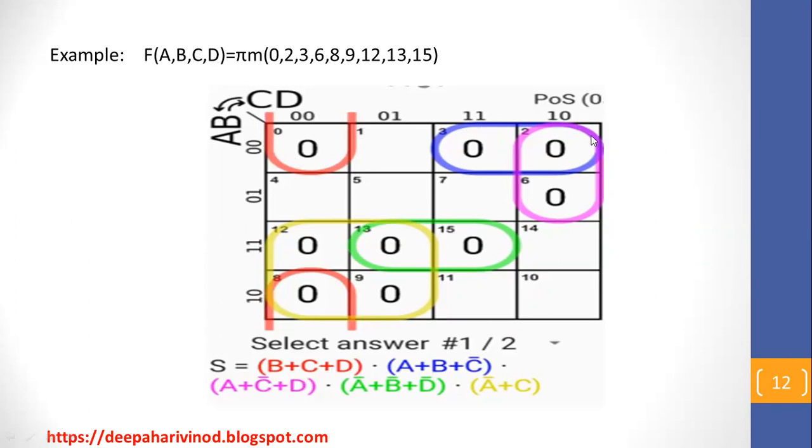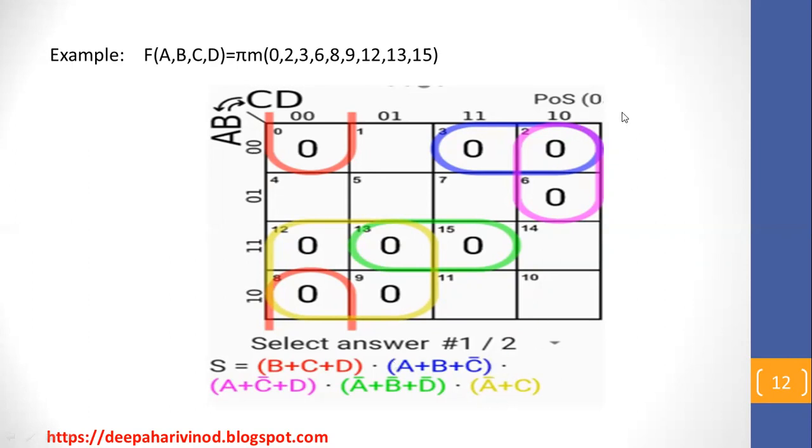And for this, now I can make this as one group and this as one group. For this, what is common? 0 is common in row, and in column C, 1 is common. So I have to write the equation as A plus B plus C bar.